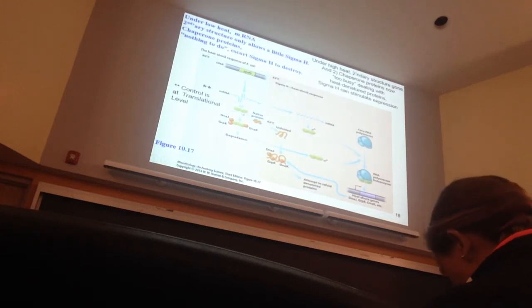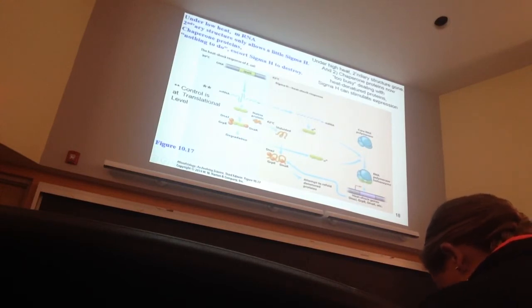And this is the sigma factor. This is the factor that is eventually going to help, here's the RNA polymerase, dock onto the promoter of these heat shock genes. Okay? So the green is the sigma factor.